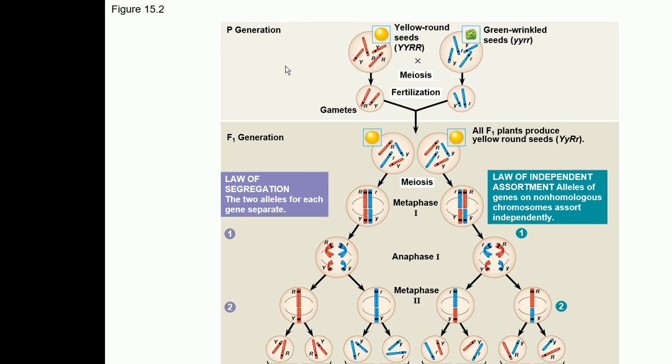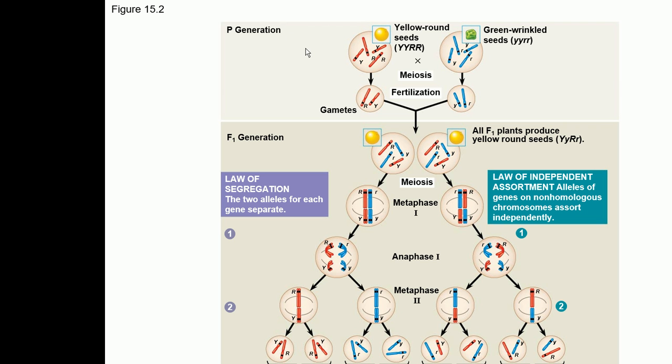You can see the chromosomes and here are the alleles. This is the dihybrid cross, yellow and round seeds, green and wrinkled seeds. This chromosome has an allele for yellow color, this one also has an allele for yellow color, and these chromosomes have alleles for the round texture.